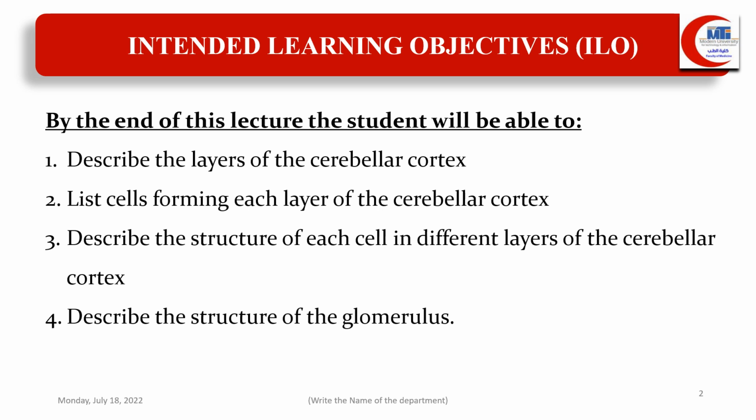Number 3, you can describe the structure of each cell in different layers of cerebellar cortex. And the last item in ILOs, that you can describe the structure of the glomerulus. You will know that there is a structure which is called glomerulus present inside cerebellum.